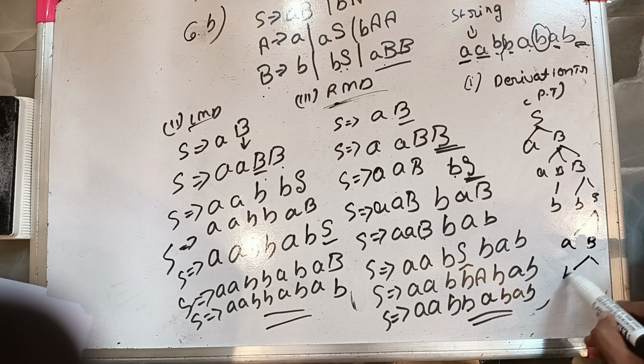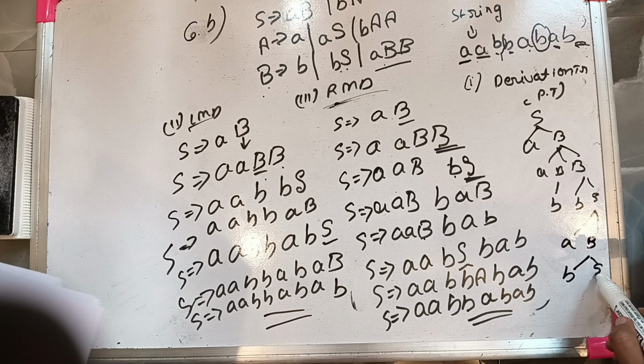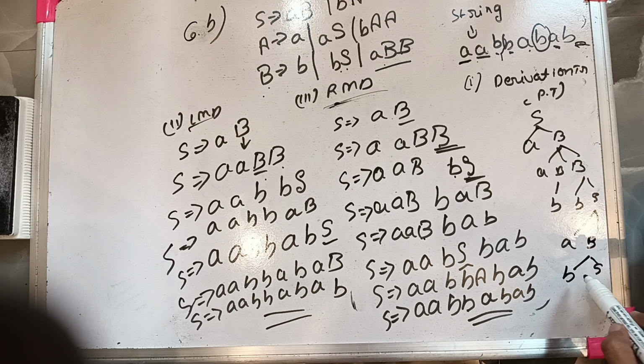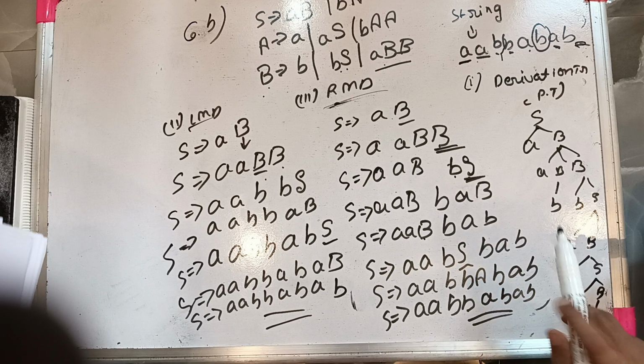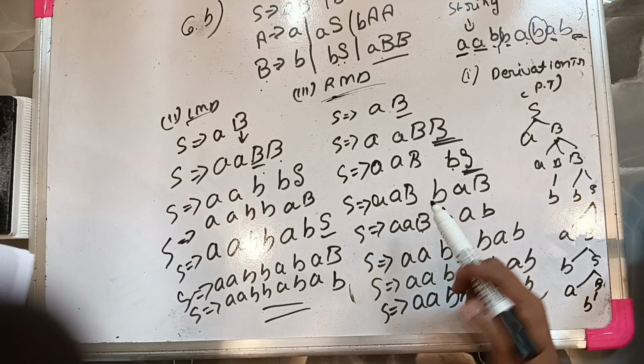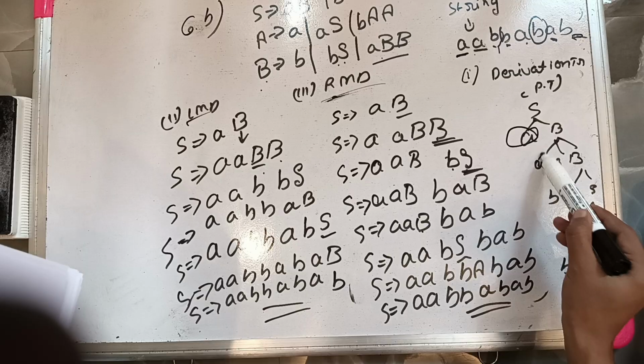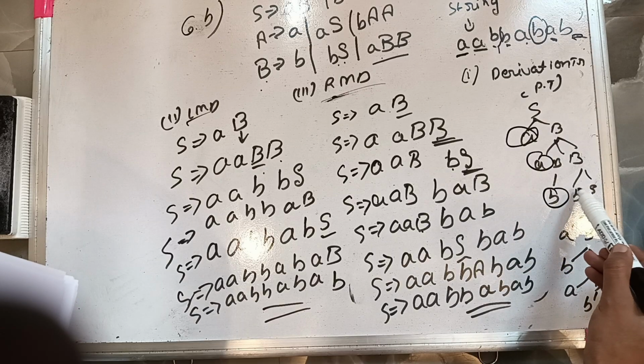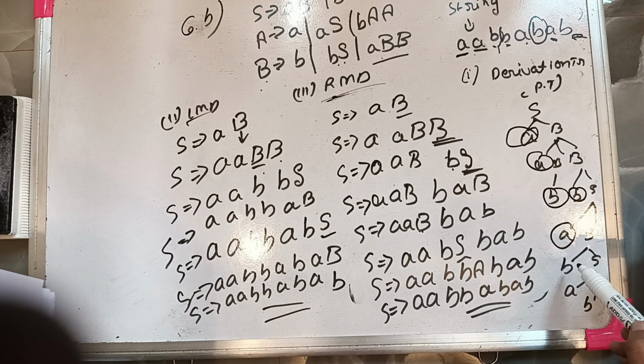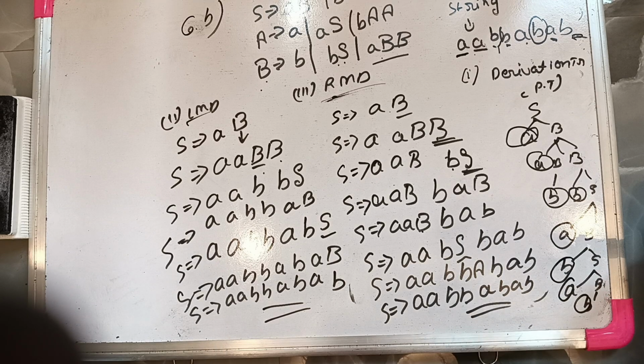It gives BS. After that S gives AB and B gives B here. Okay, then mark the B. This is the parse tree.